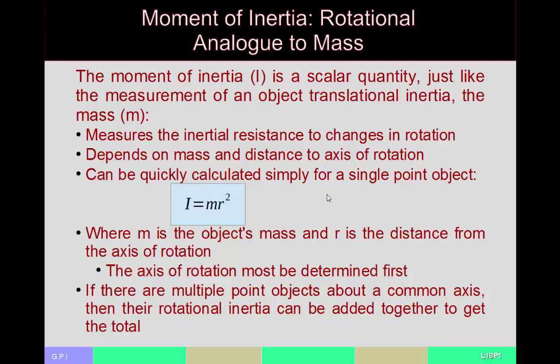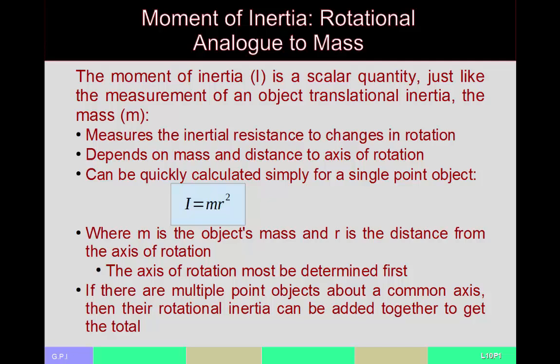And in fact, the moment of inertia depends upon the mass of the object in question, but it also depends upon how that mass is distributed. For a single point object, or for a single object which is very small compared to the radius of its orbit, you can calculate this moment of inertia very quickly. It's the mass of the object times the rotational radius squared, or times the radius squared about which it's rotating.